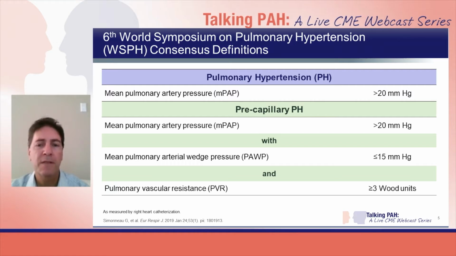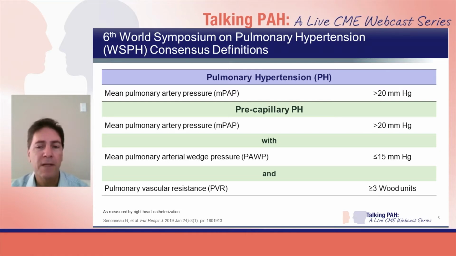First of all, the most recent definition from the Sixth World Symposium puts the mean pulmonary arterial pressure cutoff at 20 millimeters of mercury. Anything above 20 is considered pulmonary hypertension. It's a hemodynamic definition for the condition. In order to have precapillary PH or PAH, you need to have that mean of 20.